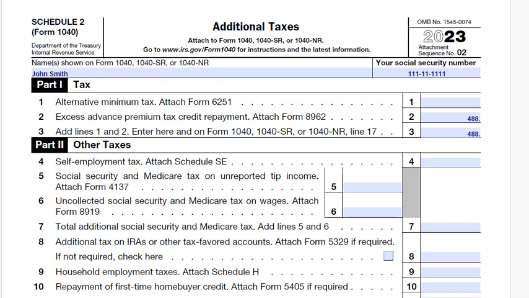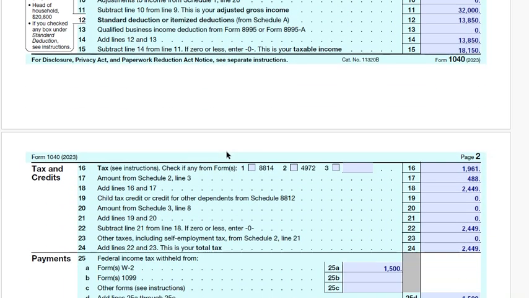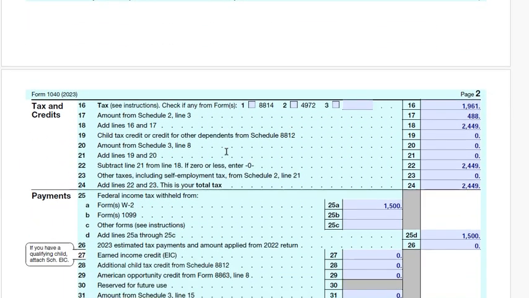This is Schedule 2, and on line 2 we input 488. And then line 3 is just combine lines 1 and 2. And then we need to go back to Form 1040 and input this 488 number on line 17. So we are back at Form 1040, and line 17 is 488.